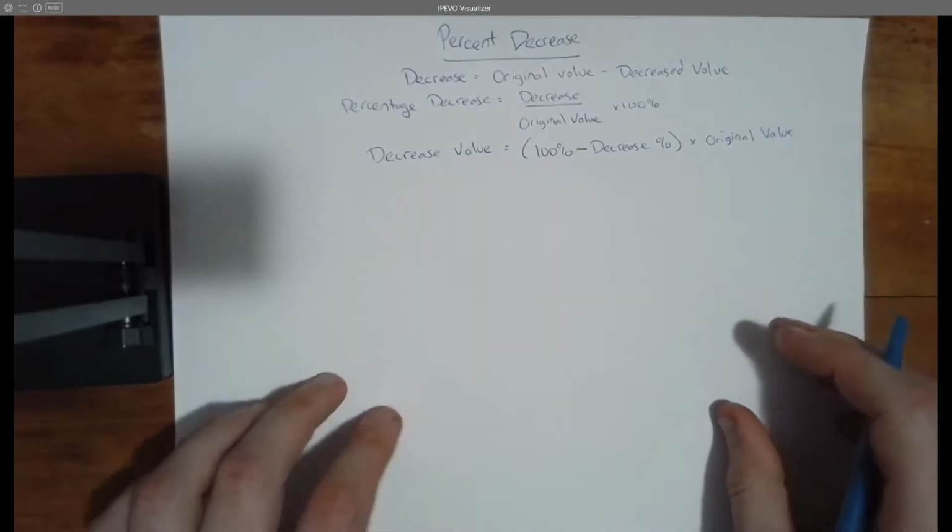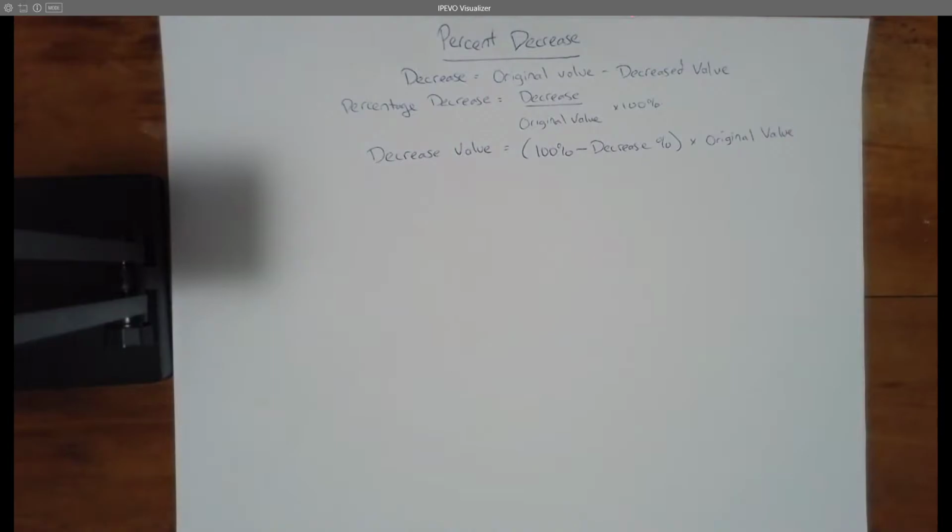So again, these formulas are very, very similar to what we worked with in our last video. Just some minor differences, and most of that has to do with subtracting instead of adding when we're taking a look at a decrease as opposed to an increase.